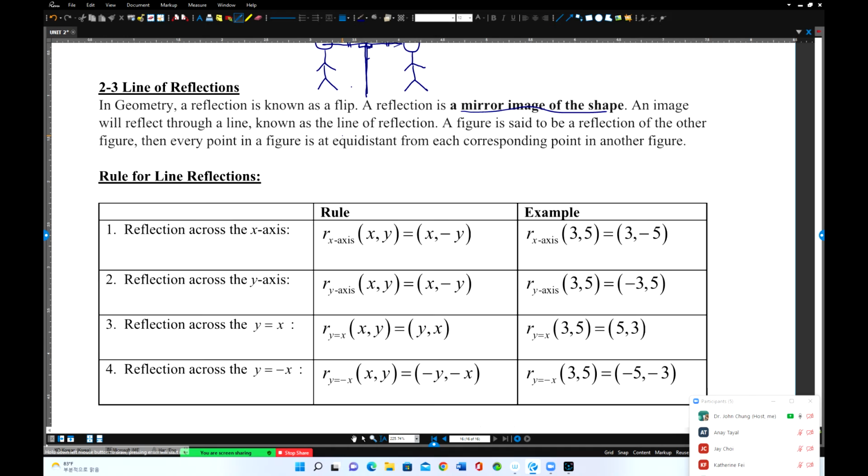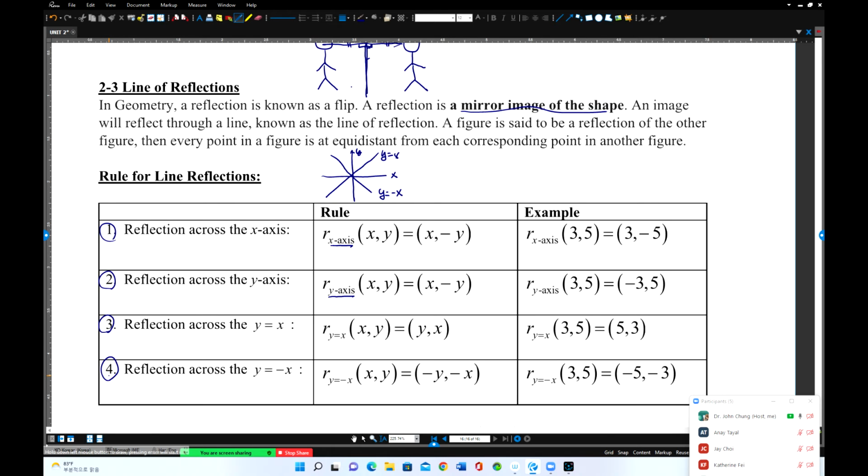X-axis is horizontal, y-axis is vertical. This is the x-axis, this is the y-axis. Another line is y equals x. Another line is y equals negative x. This is all line reflection. That's it: 1, 2, 3, and 4.